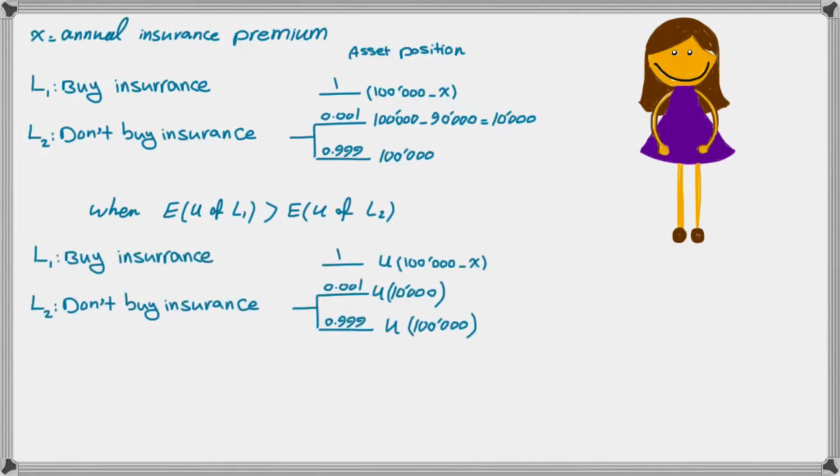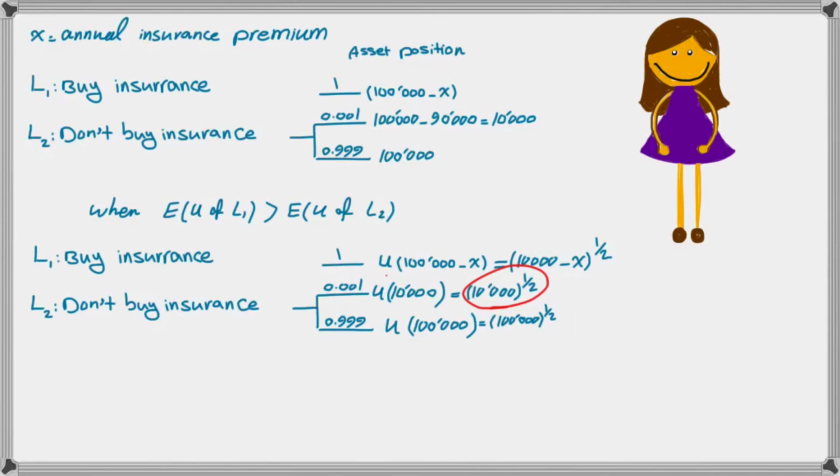So from the first lottery, I put the U of 100,000 minus X. It means the utility of $100,000 minus X. And also I put U of 10,000 and U of 100,000. We need to plug these numbers into the function, X to the power of 1/2, to calculate those values. Then you want to calculate the expected utility, which means this value multiplied by this probability plus this value multiplied by this probability.